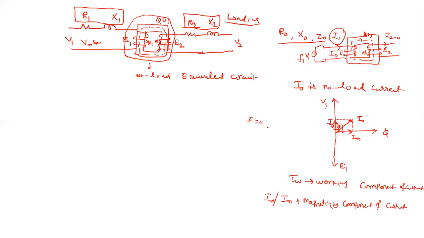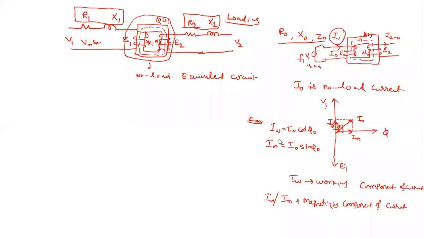Then Iw I can get from the adjacent side: Iw is I0 cos phi0. And Im is simply I0 sin phi0. Okay, this is a very important explanation.